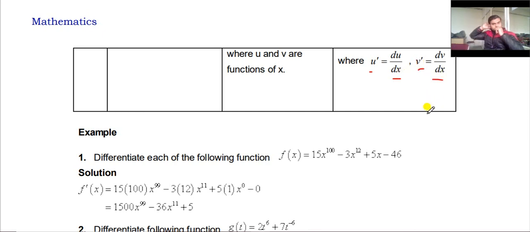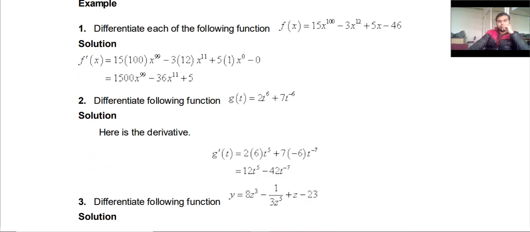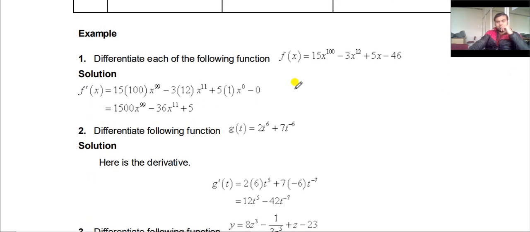So now we will move to the numerical problems that are associated with this topic. Here a function f(x) is given to you and you have to differentiate this function. So when we differentiate f(x), the function becomes f dash x.